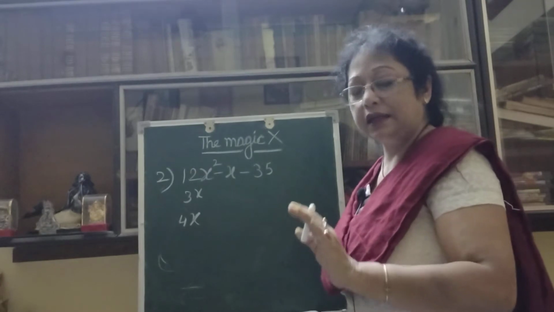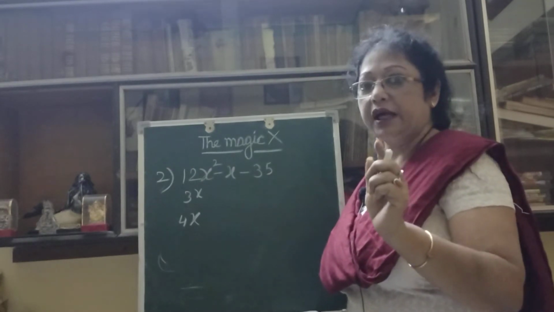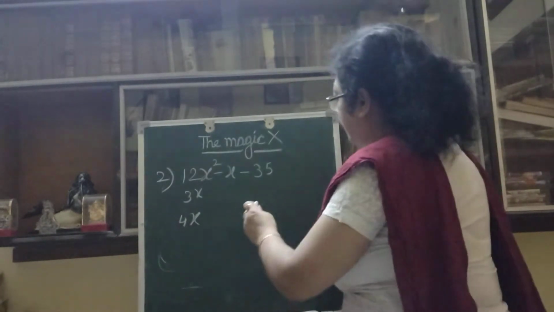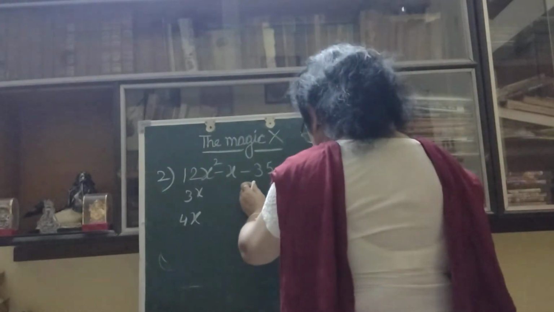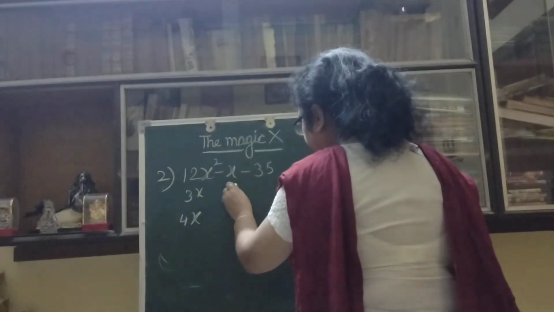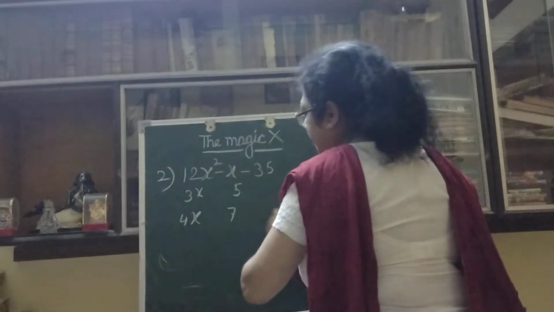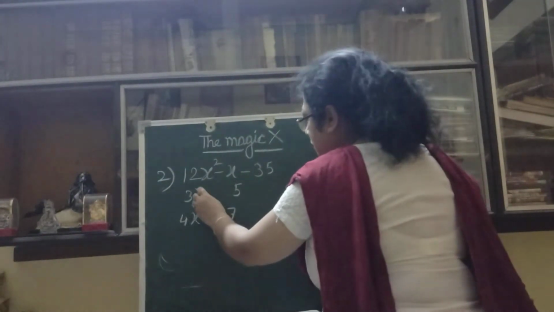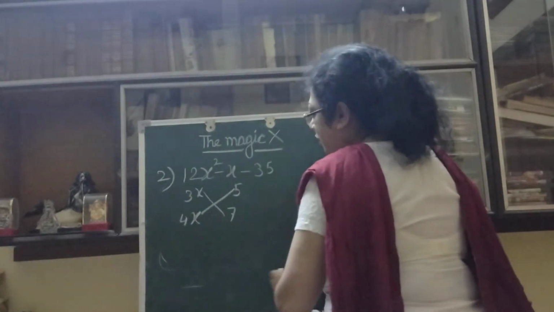You will understand this, but you have to practice for that. You have to gather experience. And then now 35. What can we write? 5 times 7 is 35.